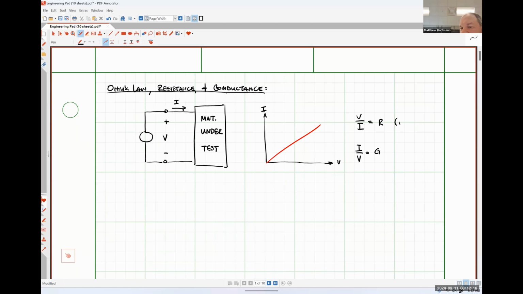So let me just label things here really quickly. So R is for resistance, G is for conductance, okay?